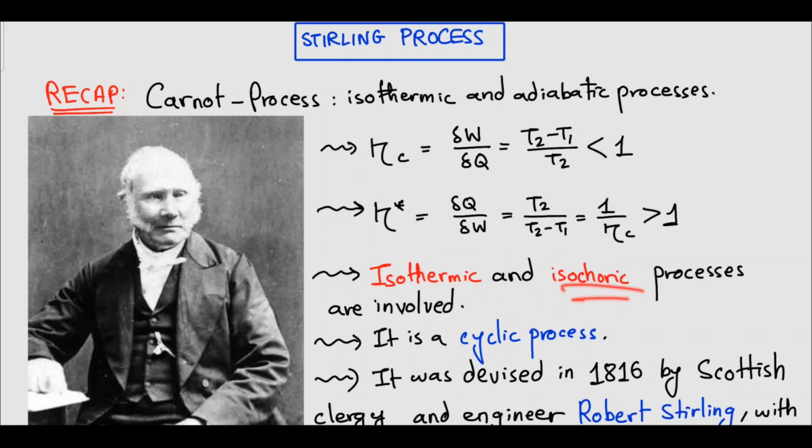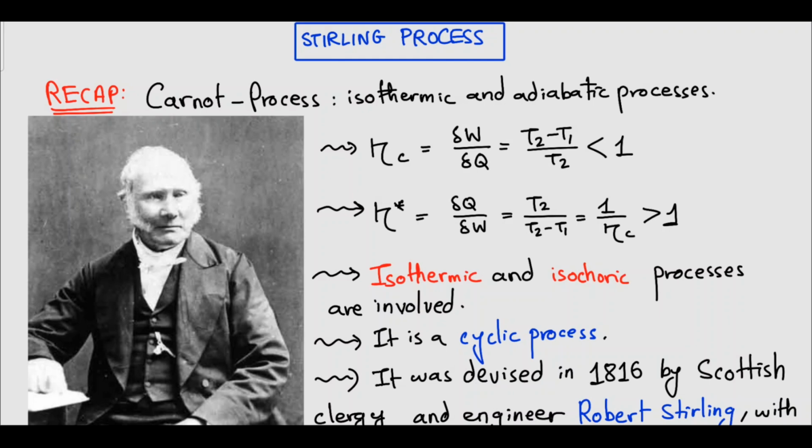Isochoric, on the other hand, basically has the volume of a system constant. And we also saw how the efficiency of machines is defined. It is defined as the work done divided by the heat that is given into the system. And it can also be written as the difference of the two temperatures divided by the temperature of the state when it is receiving heat from its surroundings or a heat reservoir.